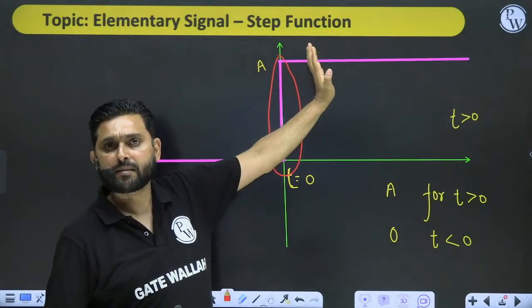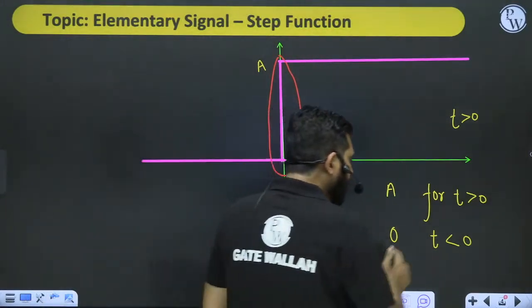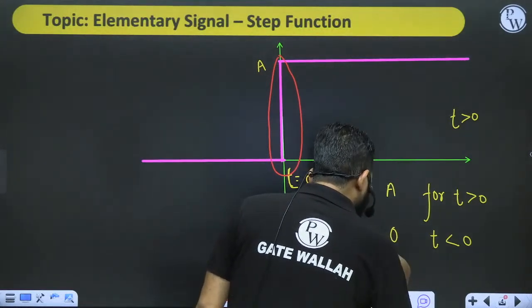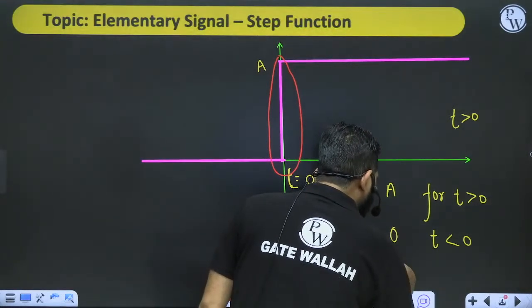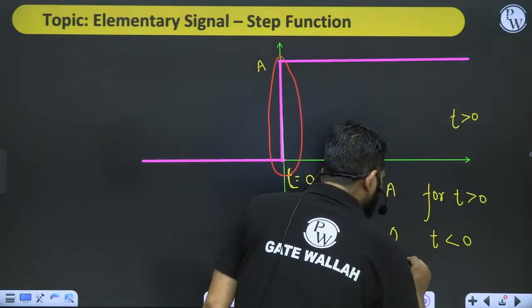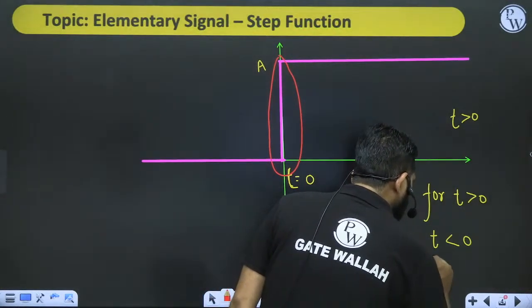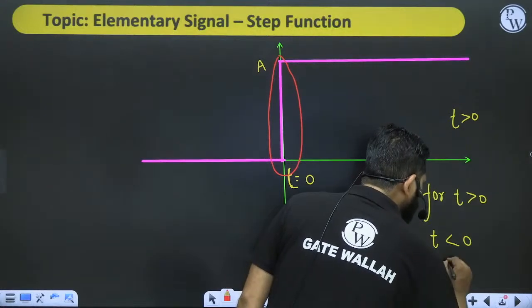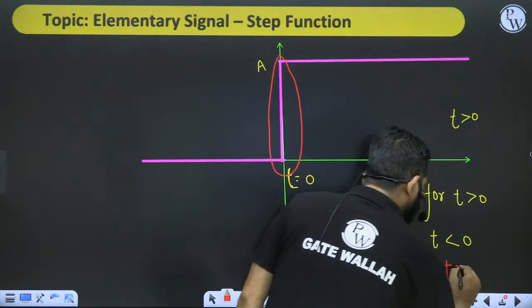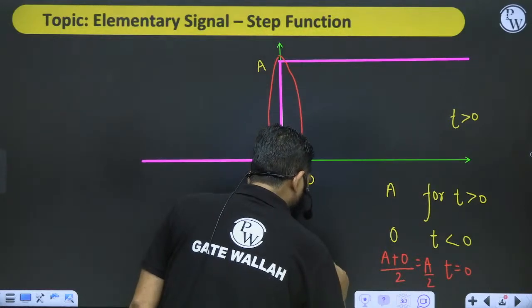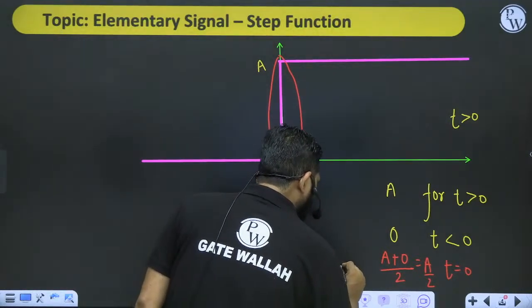So the functional value is the average of A plus 0 divided by 2, which is A by 2 at t equal to 0. This is an approximate value. The exact value is not defined.